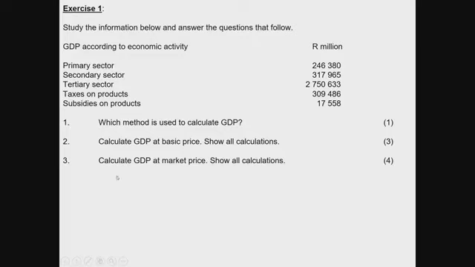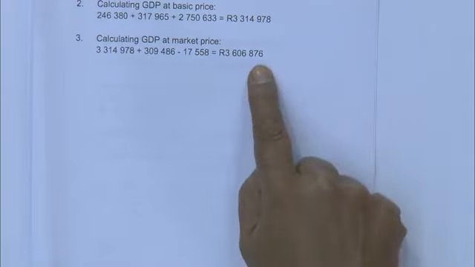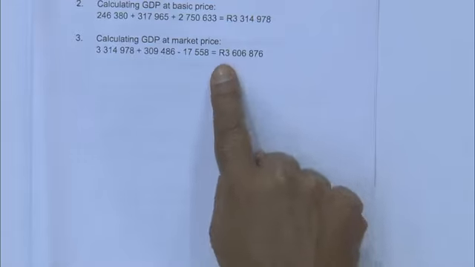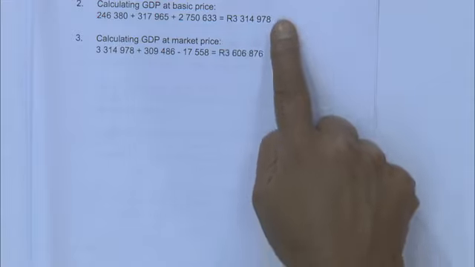So therefore, to show all calculations, I've got to have there 3314978 plus 309486 minus 17558, and that will then give me a final answer of 3606876. Now can you see here, I've got my rand signs, but I forgot to put my M at the back.